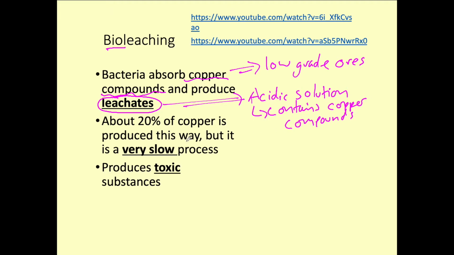Now, a disadvantage of this is that it's a very slow process, so it takes a while for the bacteria to absorb those copper compounds and to produce those leachates.